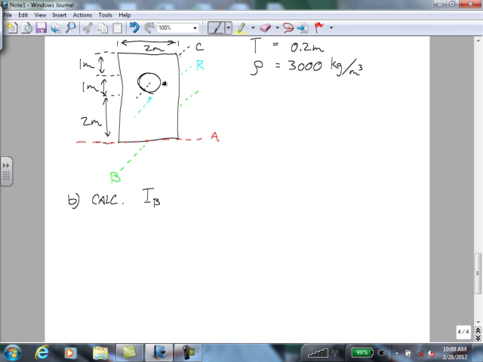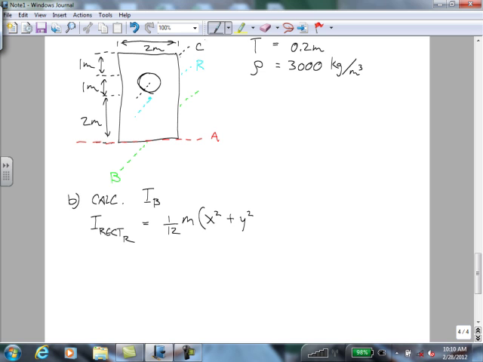What are the purposes of those two axes? Yeah, right. So these are the axes that go through the center of each of these two objects in turn that are parallel to the axis that we want. Okay?